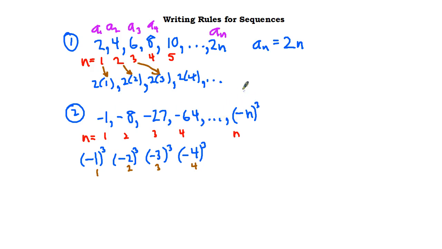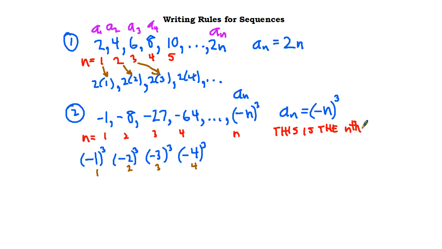And again, I'll remind you that this is a sub n. This is known as the nth term. This is the rule for the nth term. And let's go ahead and actually write this out.